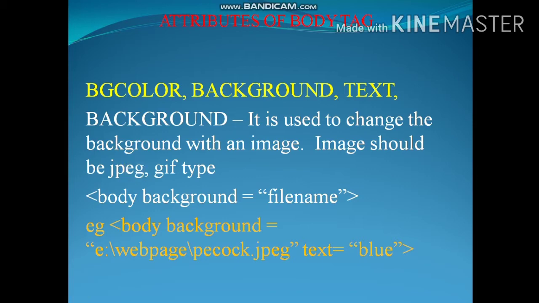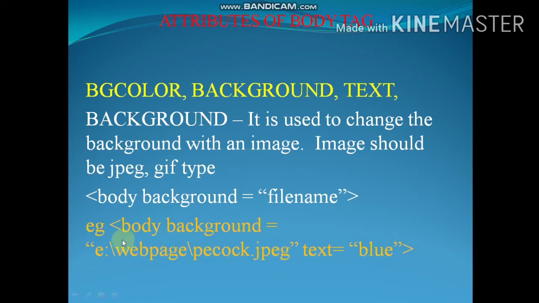How to use it? Body background equal to file name. The file name should be inside double quotation marks. And when you write the file name, you should write it with the full, clear path. Then only it will display.